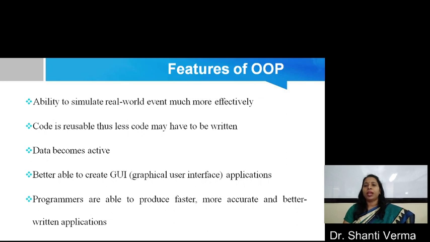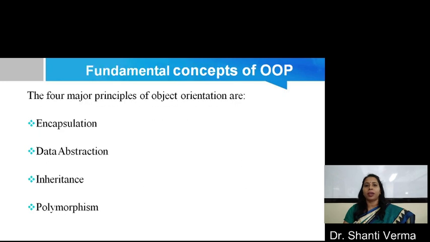So we have to write less code as compared to the procedural language. In object-oriented programming, data becomes more active, and with the help of object-oriented programming, we can create a good GUI application as compared to the procedural language. Programmers are able to produce faster, more accurate, and better written applications with object-oriented programming.